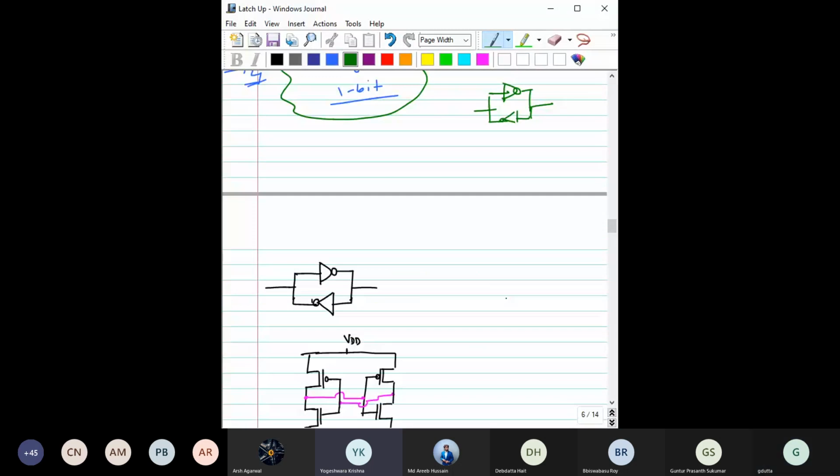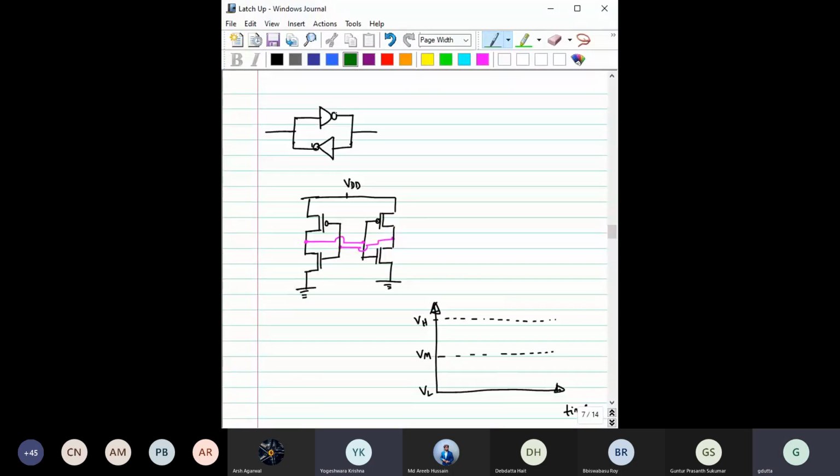So basically, this is the circuit that we have discussed. This will act as a memory, and it is also called the bistable circuit because it has only two stable states. From the transistor implementation point of view, the circuit is basically like this: this output acts as an input to this, and this output acts as an input to this.